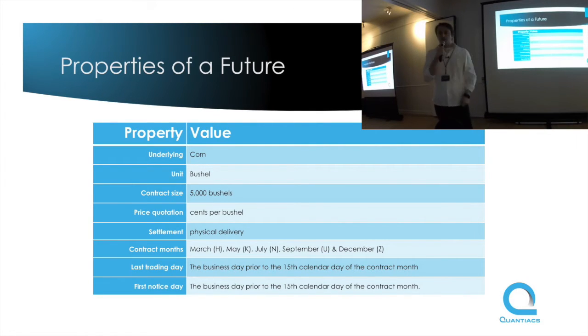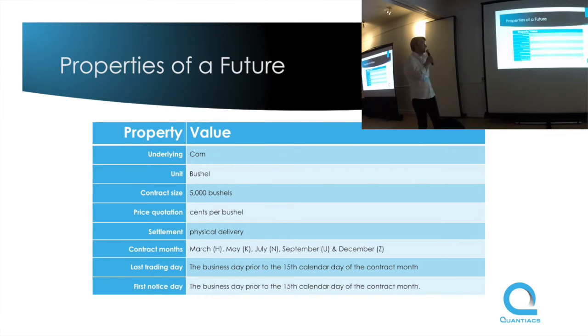Then let's get back to the properties of a future. Of course, this is just some of the properties, but to give you an idea. The first thing that needs to be defined is the underlying. What is the future about? Let's assume it's corn. Then the unit of corn would be a bushel, and the contract size is always 5,000 bushels.